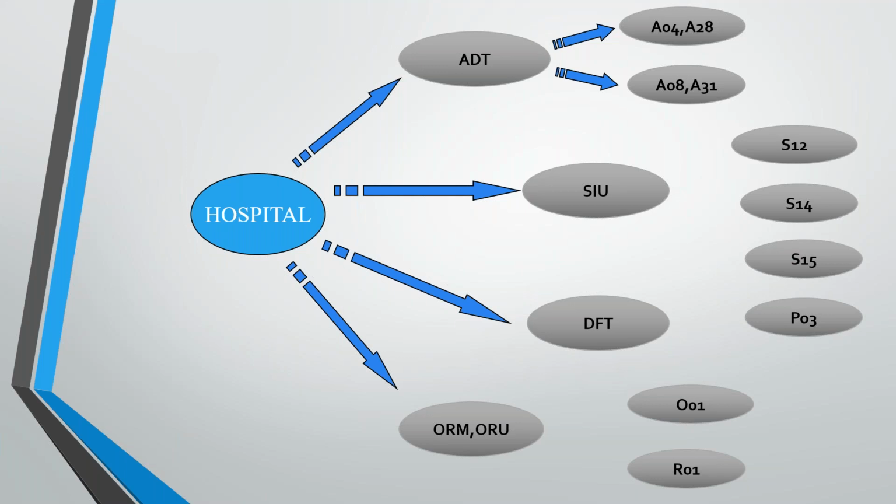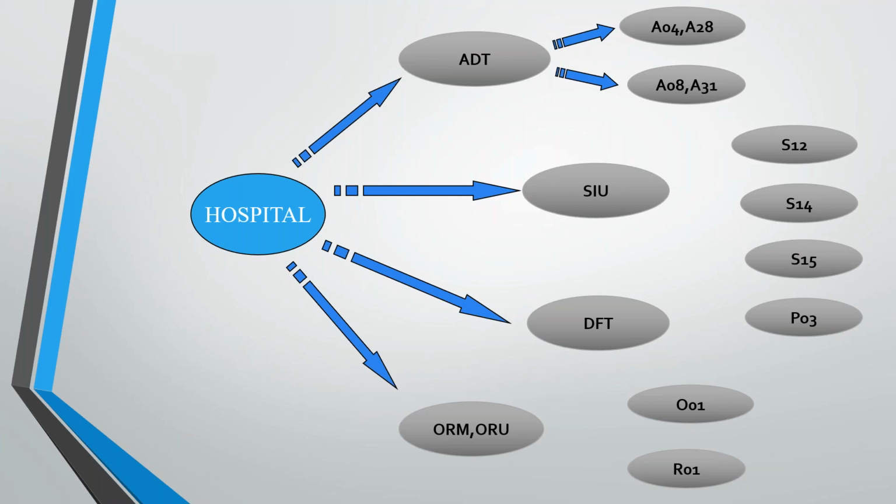Then next we have SIU related information. SIU is scheduling information unsolicited, which is nothing but to send out an SIU S12, S14, S15. So we have seen three different events in the previous slide which are possible as part of scheduling.